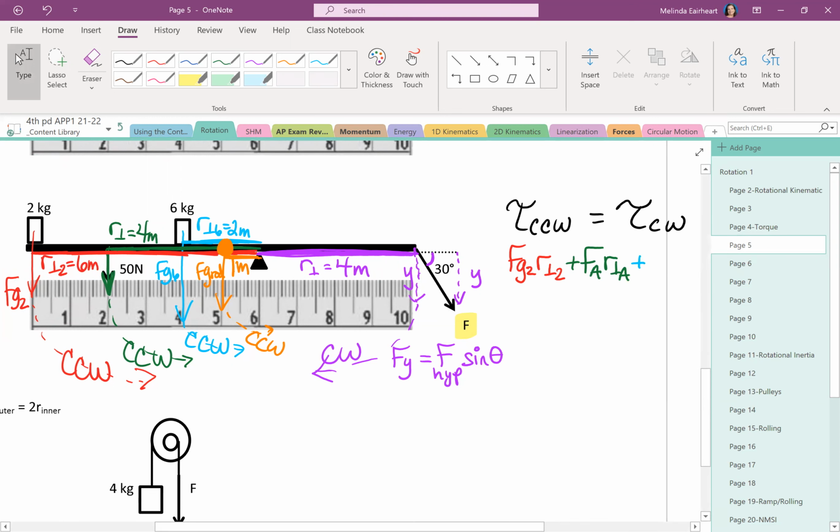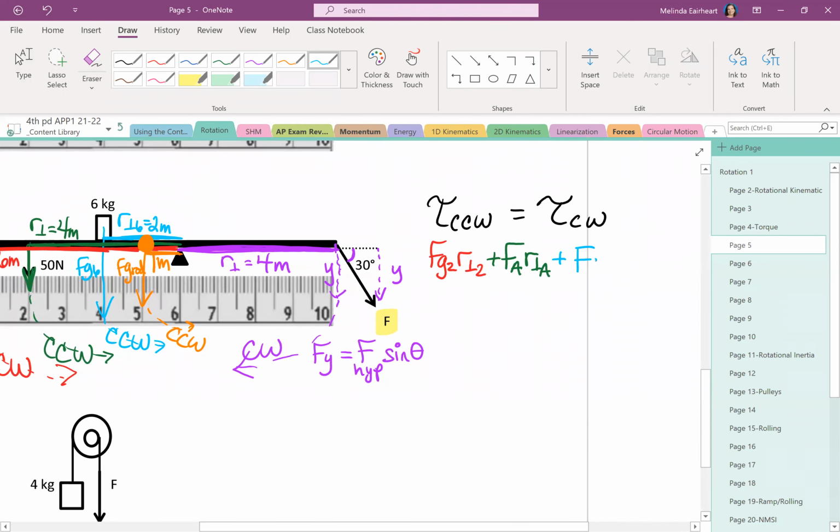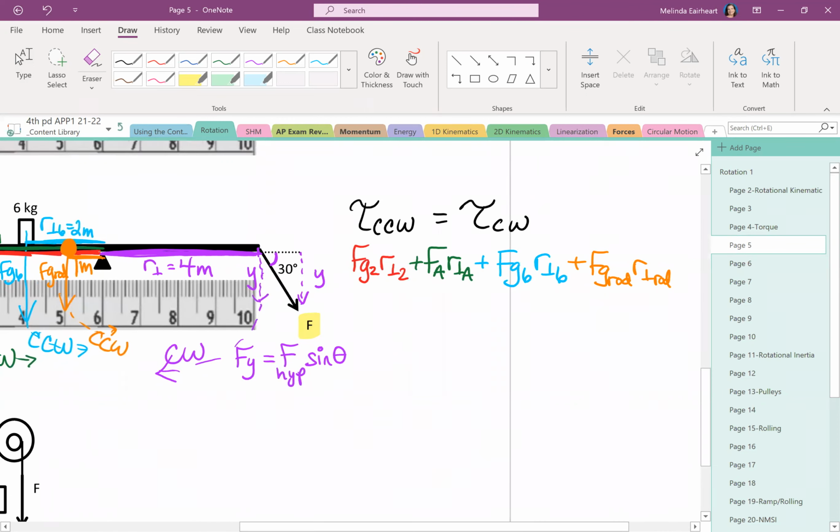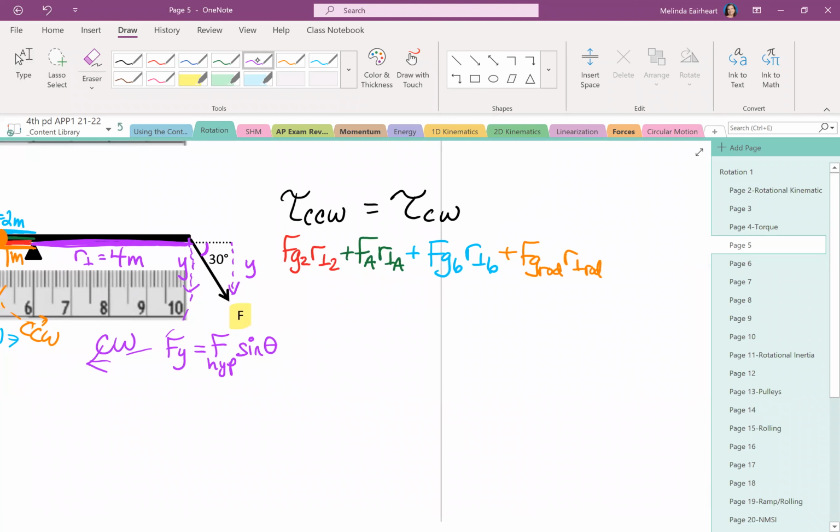Then we had the 6 kilogram force, which is a weight, FG6 times its lever arm. And then we had the rod, which has weight, and its lever arm. So it's a lot of counterclockwise torques. That's okay. It's possible.